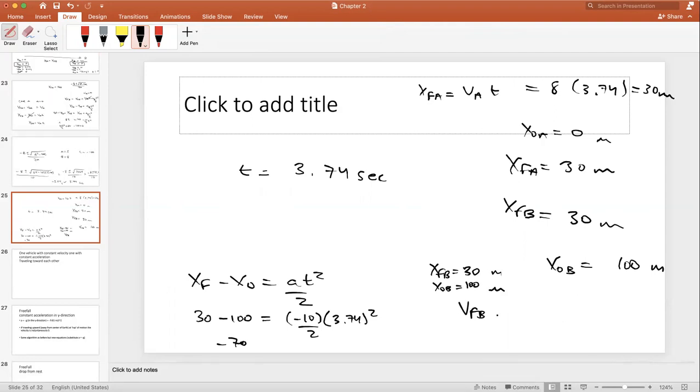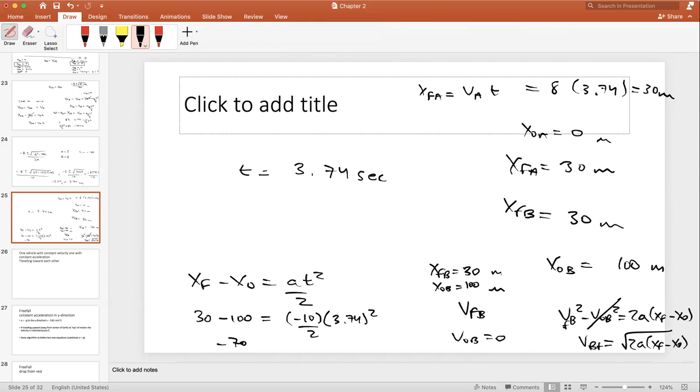We know that v initial of B was 0. And so we have this other equation that says v final of B squared minus v initial of B squared is equal to 2a times x final minus x initial. These are all B. This is 0, right? So this is v final of B is the square root of 2a times x final minus x initial.